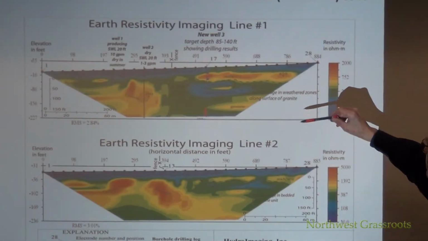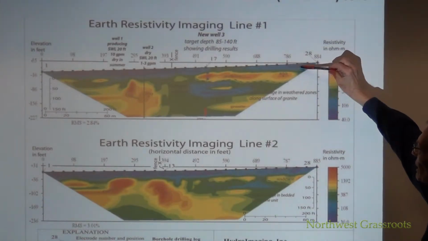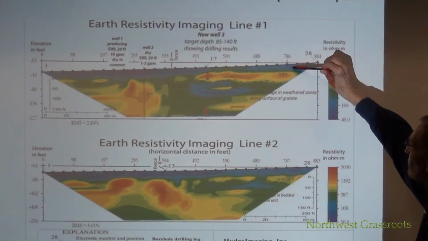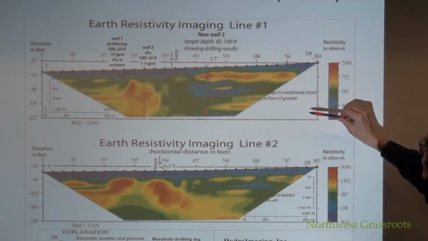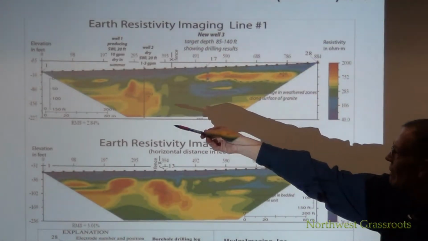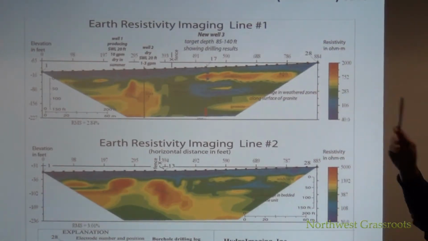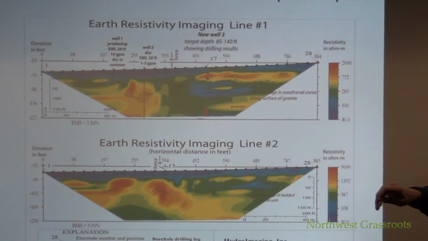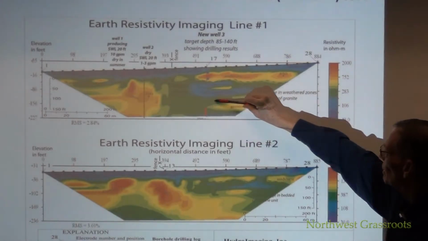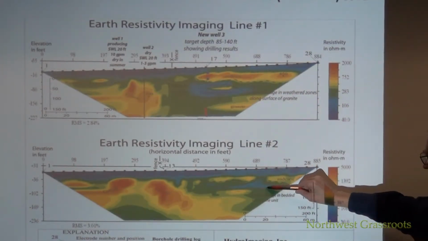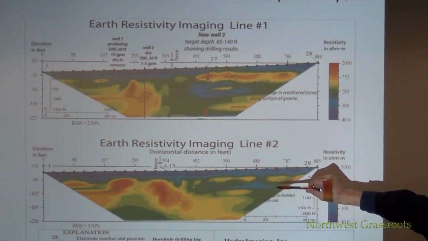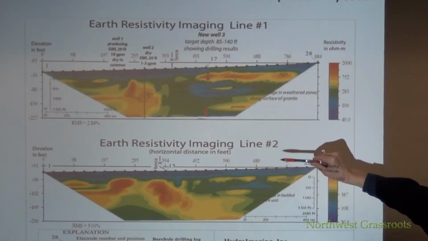And so we have the surface blue. Of course, that's due to the soil water, so we really ignore that. And so this is the eastern profile, and again it's south that direction, north here. So we found this blue area right here at about 100 feet, and on the profile to the west we saw the same thing, but it didn't have the right resistivity values.